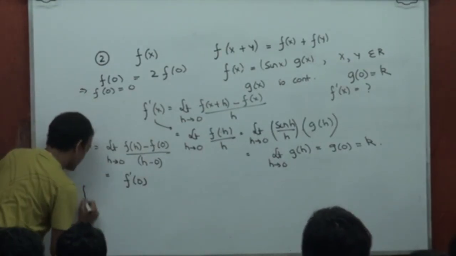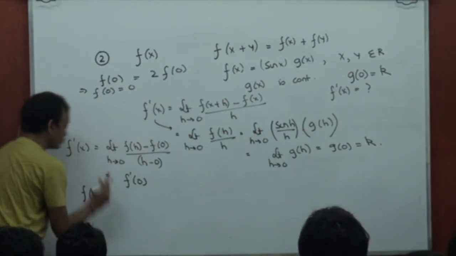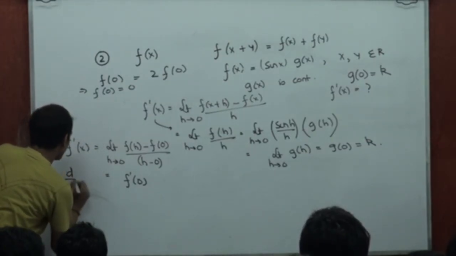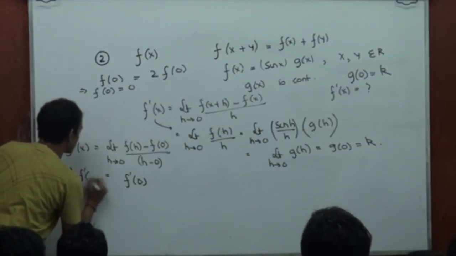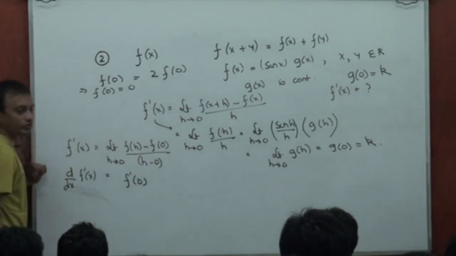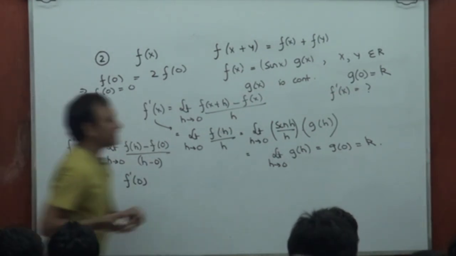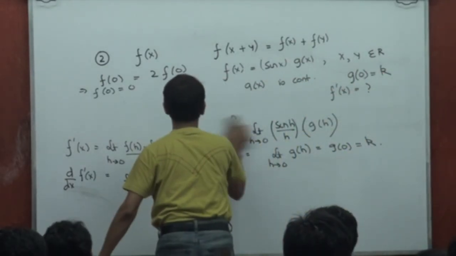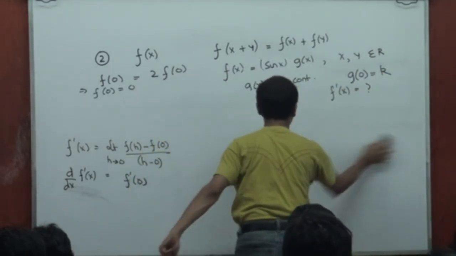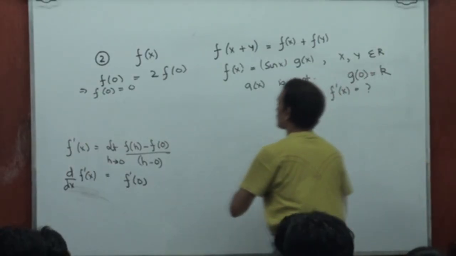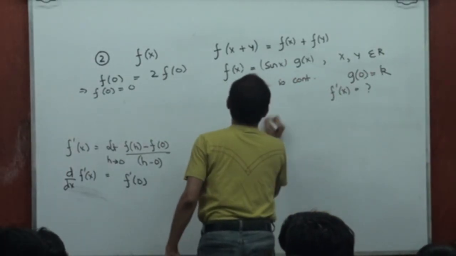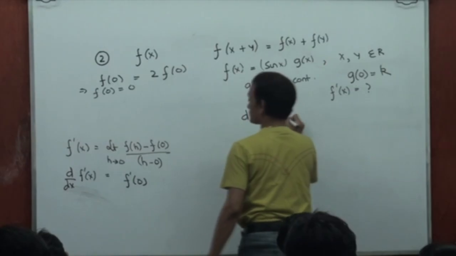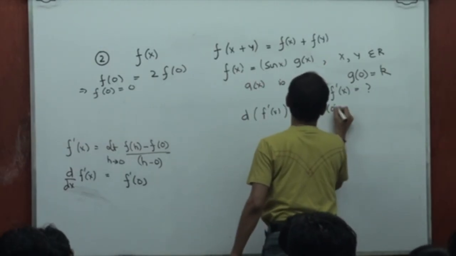Then f(x) has to be, when you integrate this, d/dx of f dash x equal to f dash 0, which means d of f dash x is f dash 0 dx.